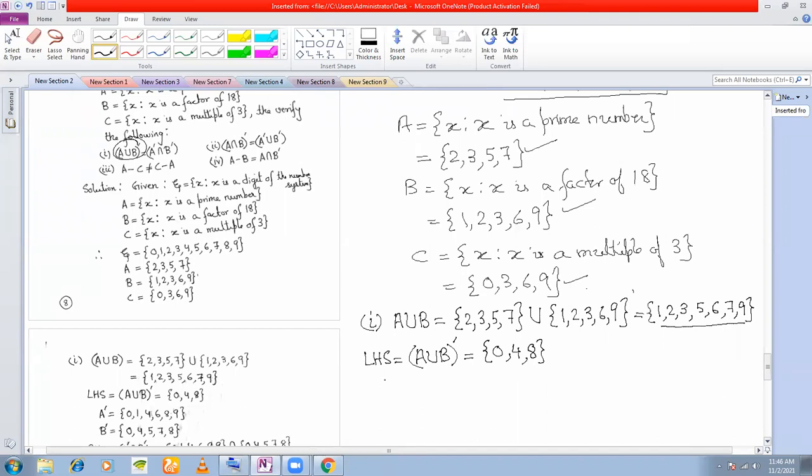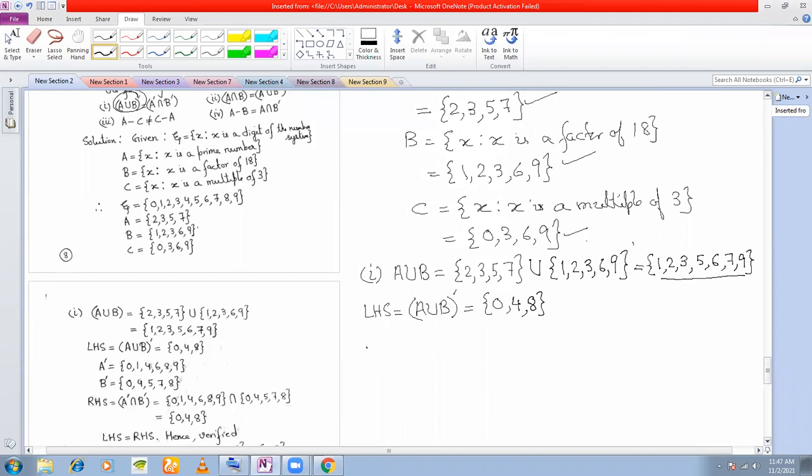Now we want to find, if you see, the right hand side is A complement intersection B complement. Okay. So what I'll do here is I'll first find out A complement, and then I will find out B complement, and then take their intersection. So let's find out A complement.